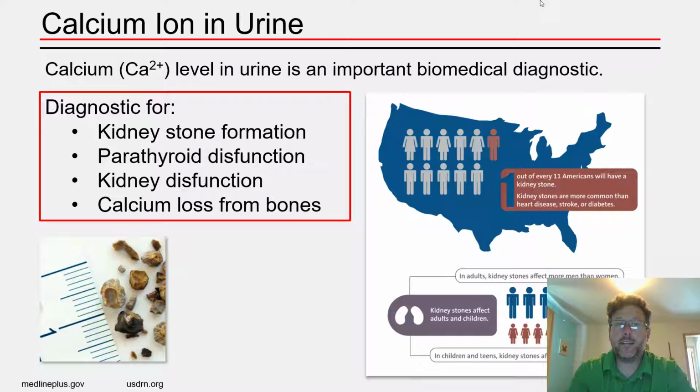The level of calcium in urine is particularly important for understanding whether a patient may be at risk or suffering from kidney stone formation, parathyroid dysfunction, kidney dysfunction, or osteoporosis and calcium loss from bones. And so there are a variety of medical diagnoses that rely on accurately establishing the concentration of calcium in urine.